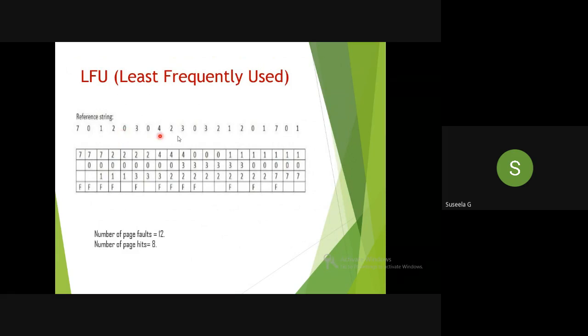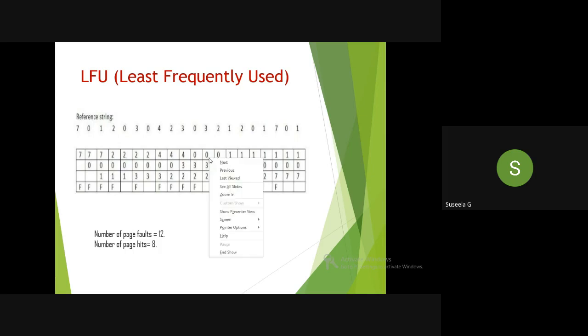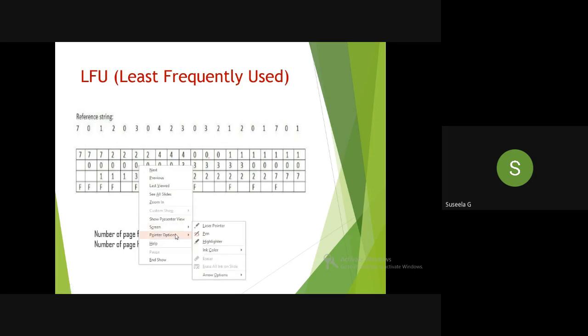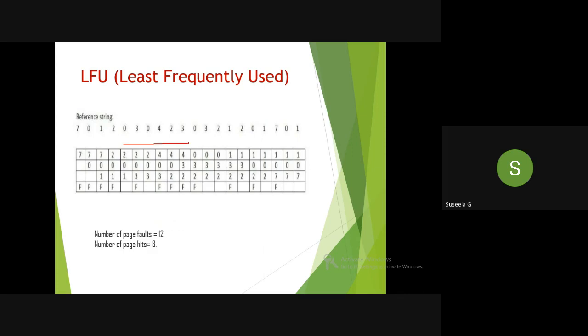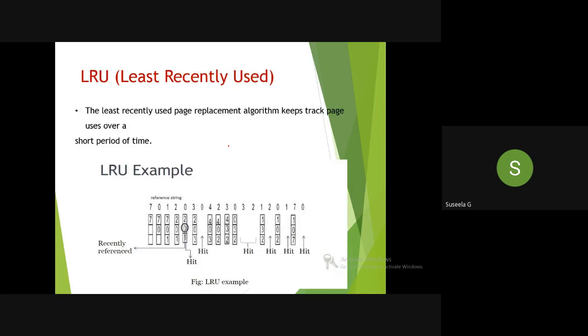That is, you have to check along this way. For the future-looking method, you have to check the age in that direction, and whereas for LRU you have to check the age, how old they are, in this direction.